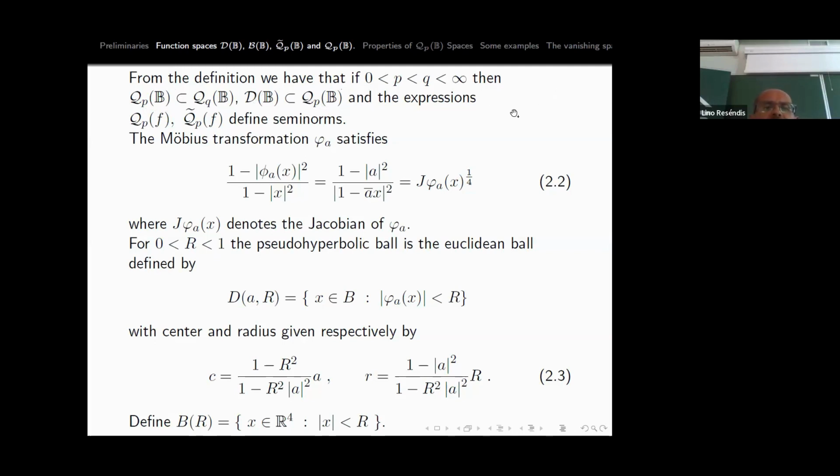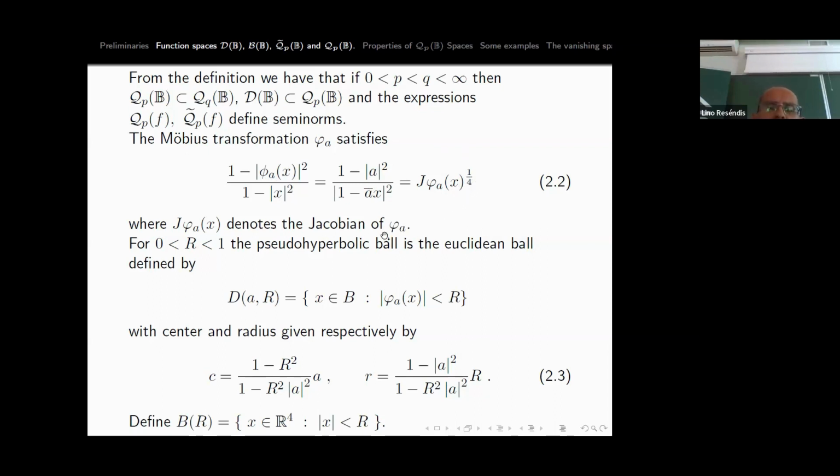The previous expressions also define semi-norms in the Q_p and Q_p tilde spaces. Also, we have the following situation. The Möbius transformation satisfies this equality: 1 minus the modulus squared of phi sub a over 1 minus modulus of x squared is equal to this quantity. Here appears a, and this is very important: this is the real Jacobian of the Möbius transformation, but to the power 1 over 4.